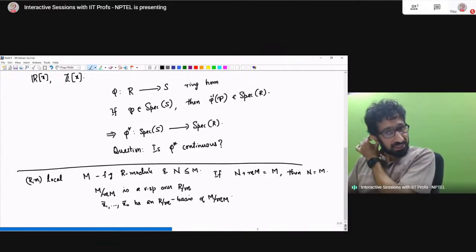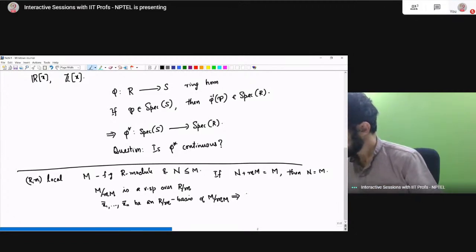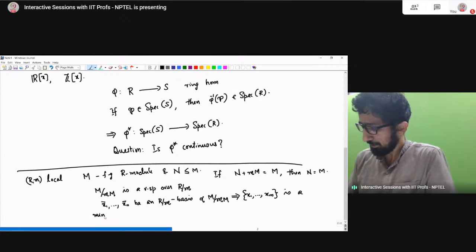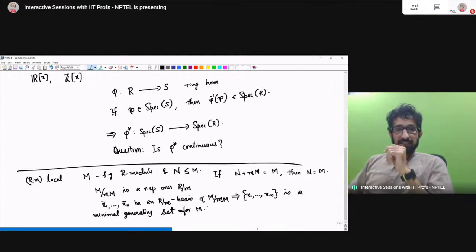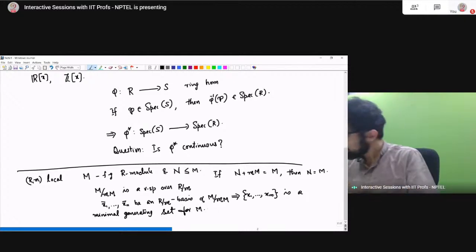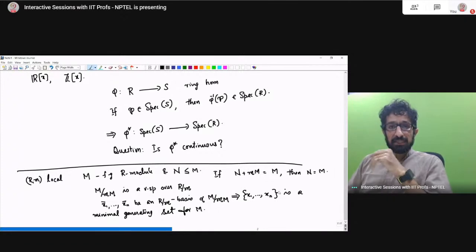Now, Nakayama lemma immediately tells me that this x1 to xn is a minimal generating set for M. See, this is important. This is a very important concept.